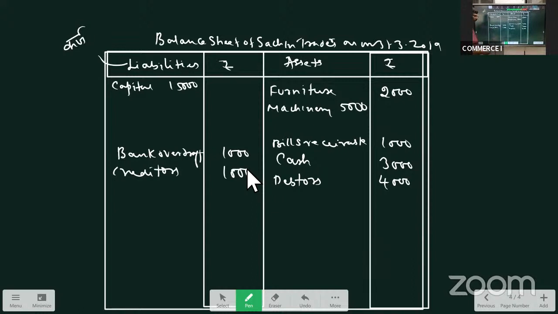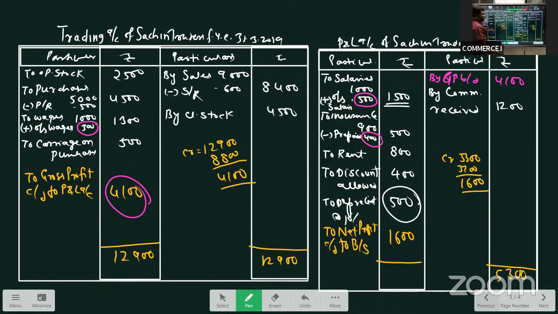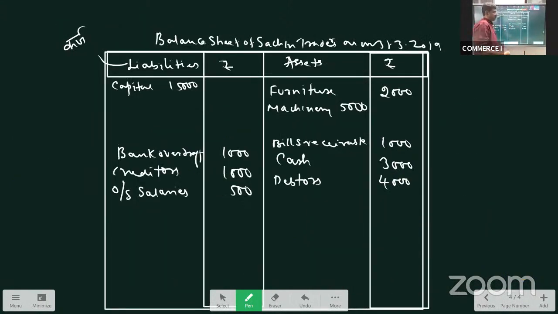So this 500, I'll take on the liability side. Outstanding salaries. Adjustment entries are special entries which will have dual effect. Once in trading and P&L account, where I have taken outstanding salary 500, then again I am showing it as a liability. Adjustment entries will have dual effect.